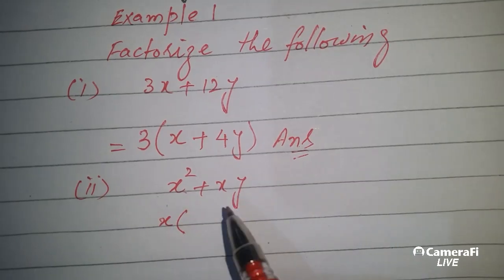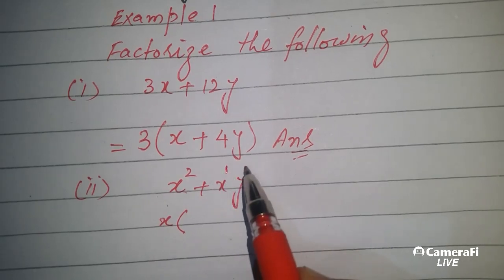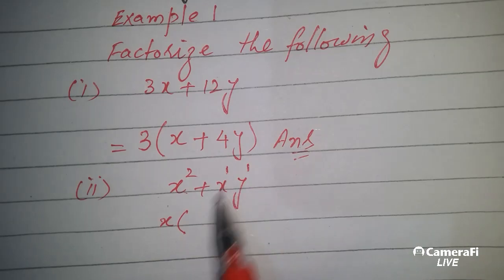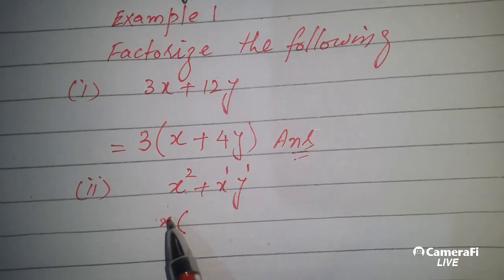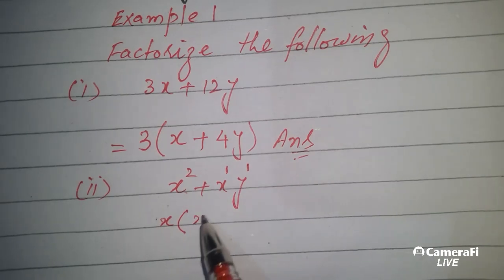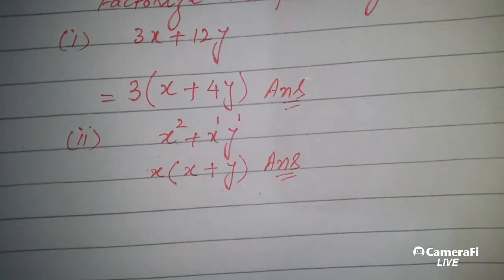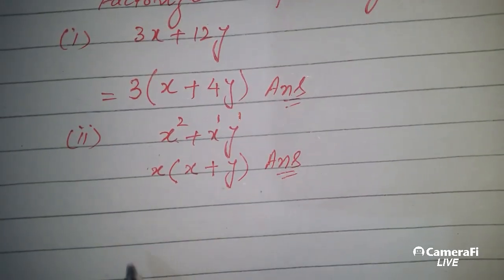We always take the smallest power, so here we have x raised to power 2 and x raised to power 1, but we'll take x raised to power 1 as a common factor. So x is left, and this is the answer.